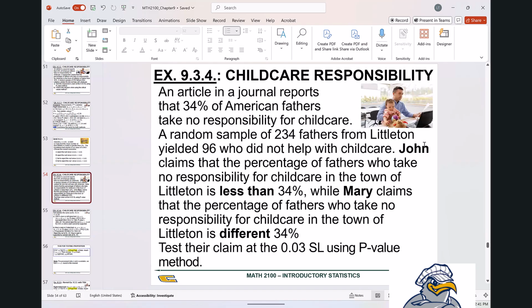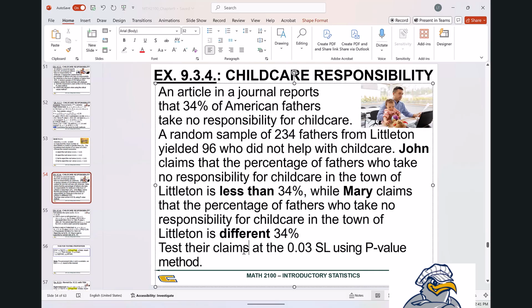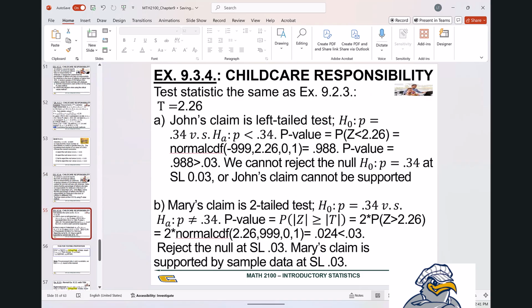But Mary doesn't have any specific preference, so she says it's different from 34%. Because their claims are different, the test setting will also be different, and the conclusion will be different. So for John, because he says it's less than, he will need to test the hypothesis p less than 0.34.